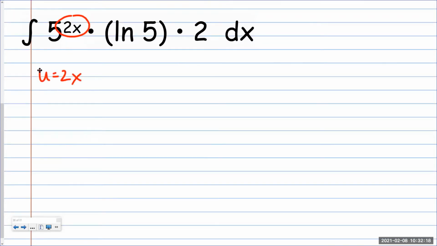U equals 2x, okay? Guys, u substitution works the same way all the time. Those of you guys who are getting your pattern recognition, your shortcut wrong, just do u substitution, okay? It takes more time, but you'll get it right every time. What is the derivative of 2x? 2. Now remember, get notation right.